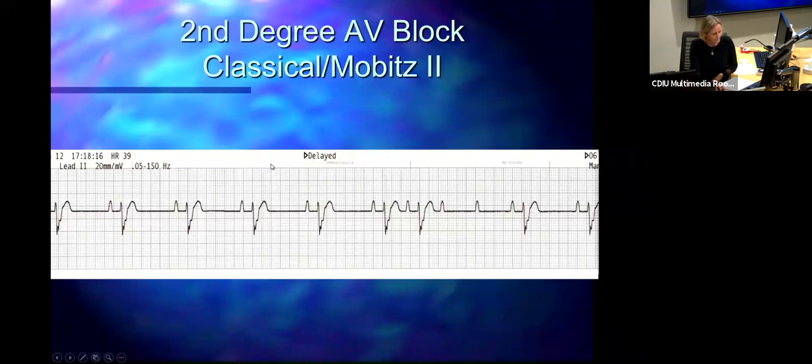In this one, we're going to count the P waves. So there's 1, 2, 3, 4, 5, 6, 60 P waves, and 1, 2, 3, 40 R waves. So 60 Ps, 40 Rs. So one thing we need to be concerned about right now is that patient's tolerance for 40 R waves.